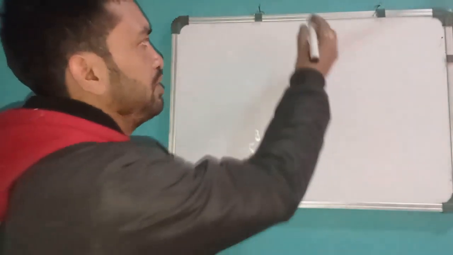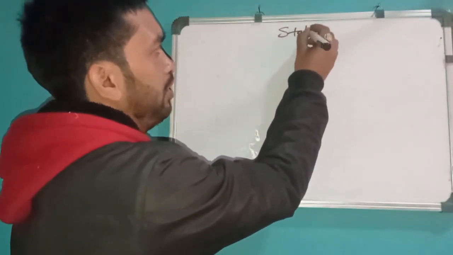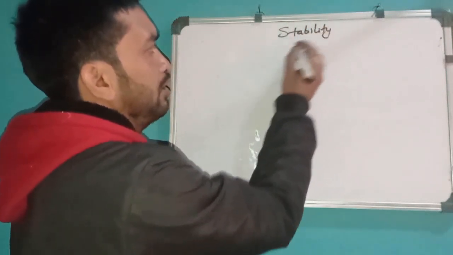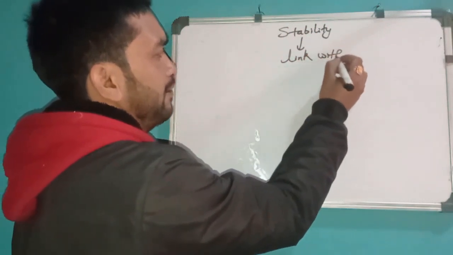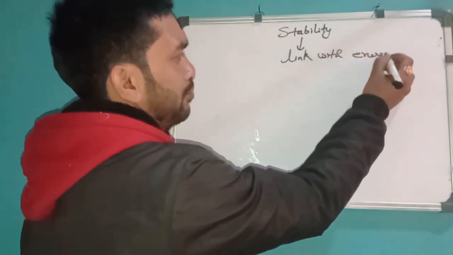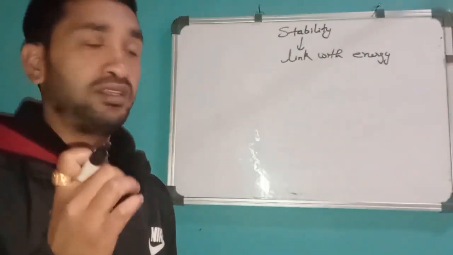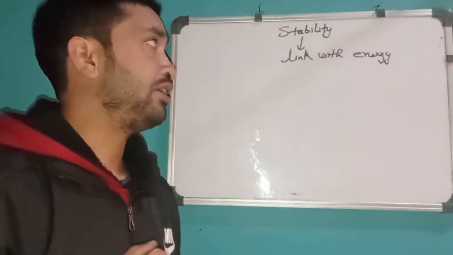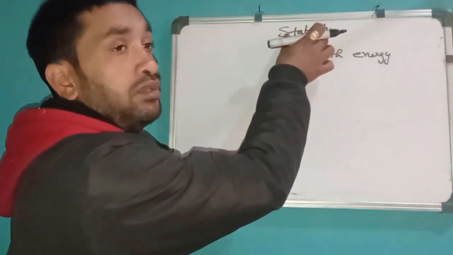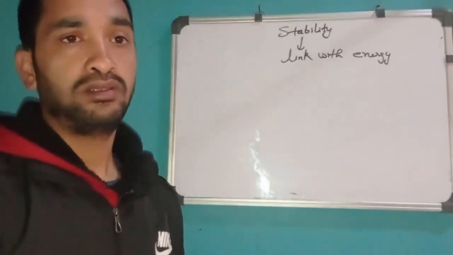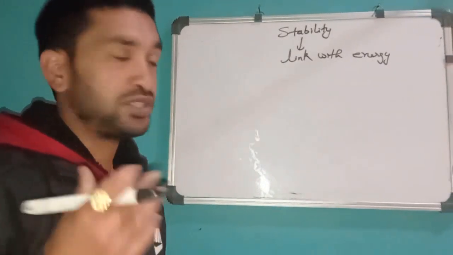So what we studied today is what the meaning of stability is, then its link with energy. Why I'm telling you all these things at the end is so that you can think again about what we studied in this topic. First, we studied stability.